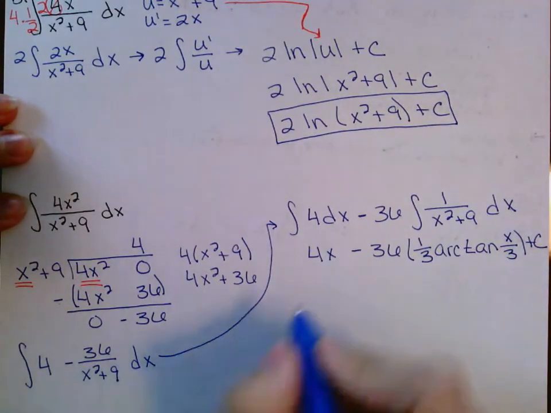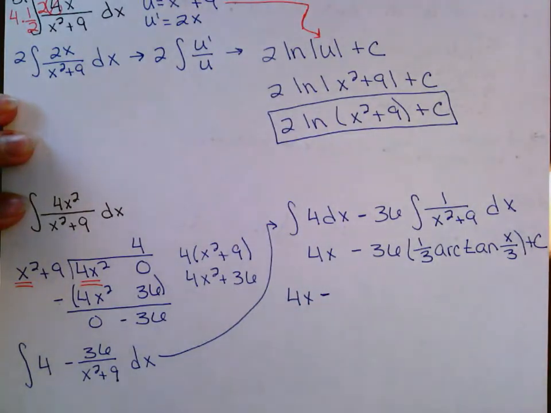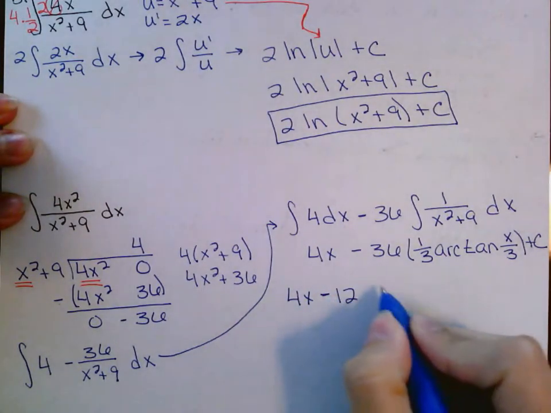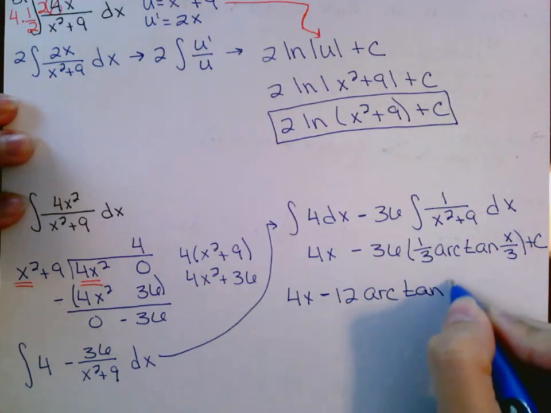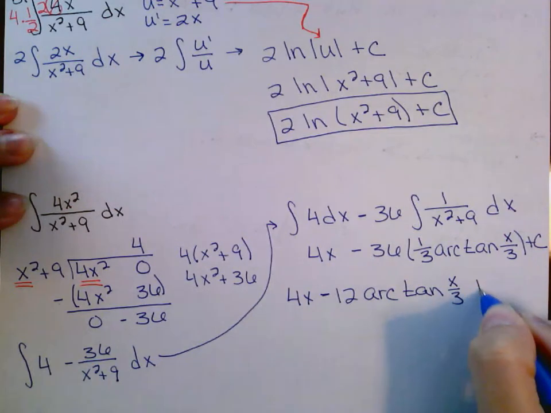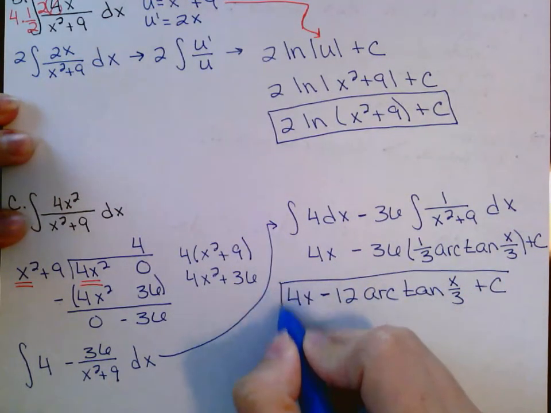If I clean that up a little bit, I have 4x minus 36 divided by 3 is going to be 12. Arctan of x over 3 plus c. And we are done with this one.